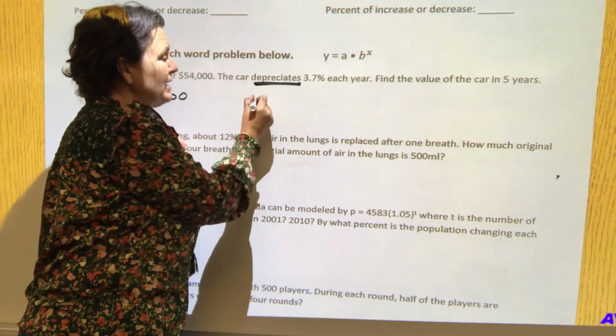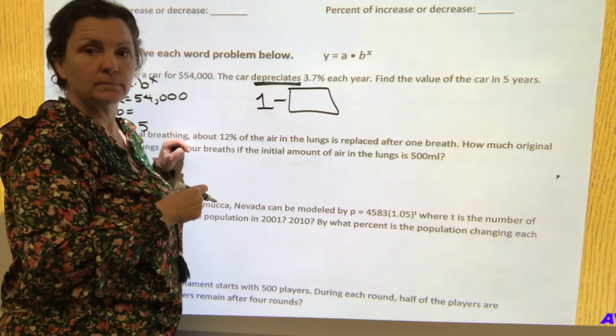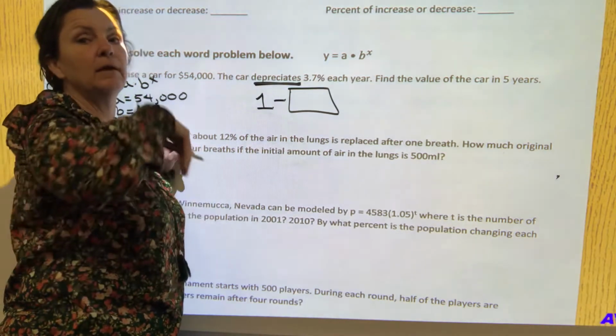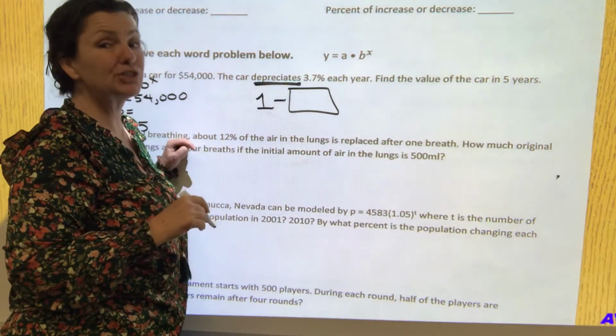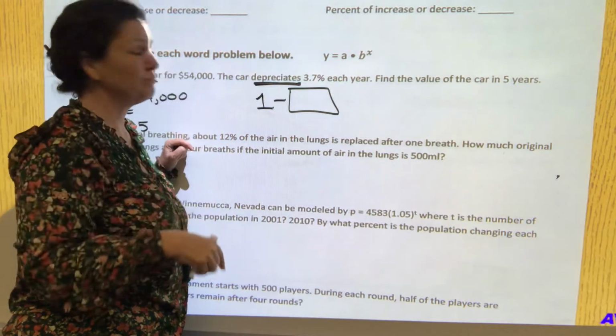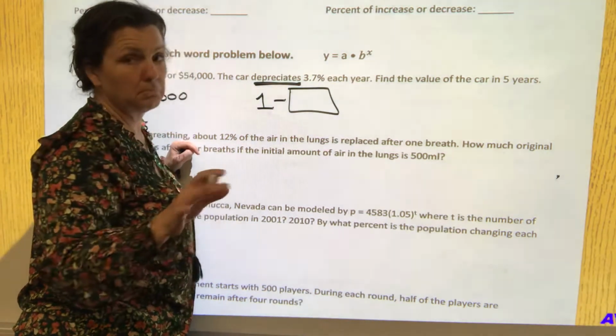So that means we're gonna do 1 minus a bit, because we know it's gonna be under 1 because it's going down. The amount that this car is worth is going down. Most cars don't appreciate. Appreciate means they go up. Depreciate, that means they go down. So cars don't really keep their value, most of the time.